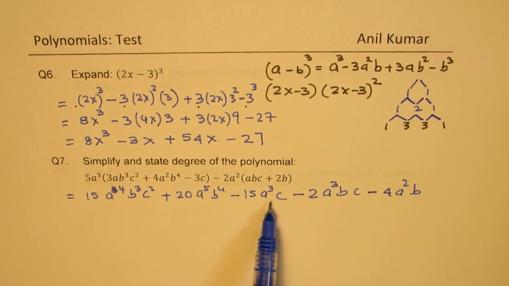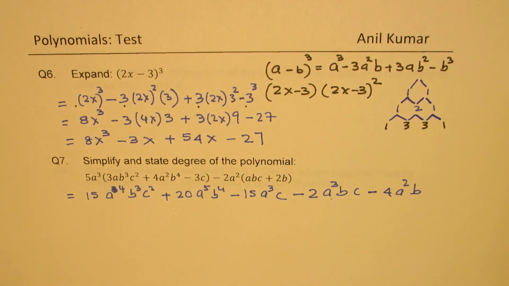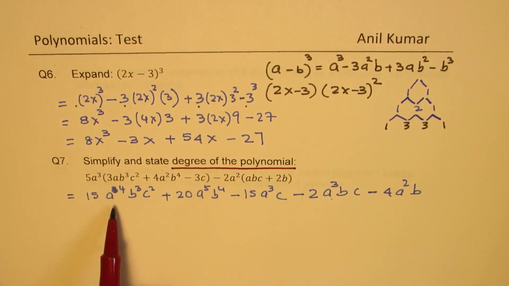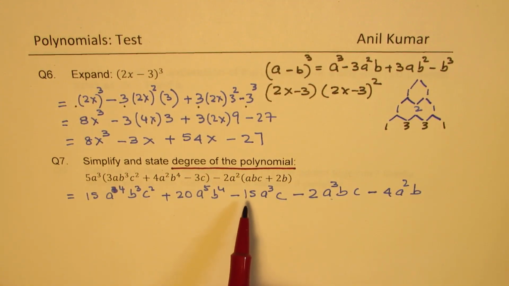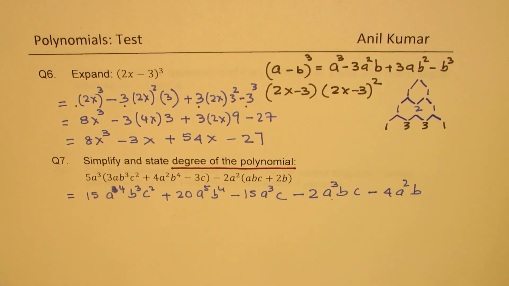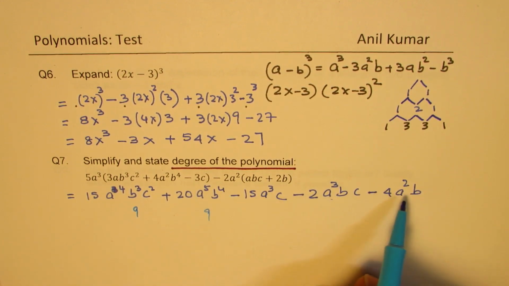Now, do we have any like terms here? We really don't. Now, to find the degree of the polynomial, which we are really interested in figuring out, we are wanting to find the highest power. Now, the highest power here is what? When you add the exponents, 4 and 3, 7 and 2, we get 9 for this, right? 5 plus 4 is also 9, and these are lesser.